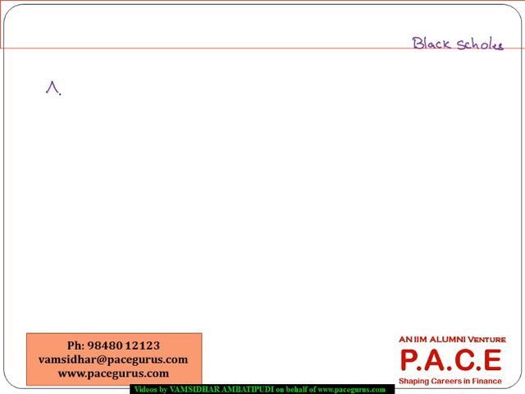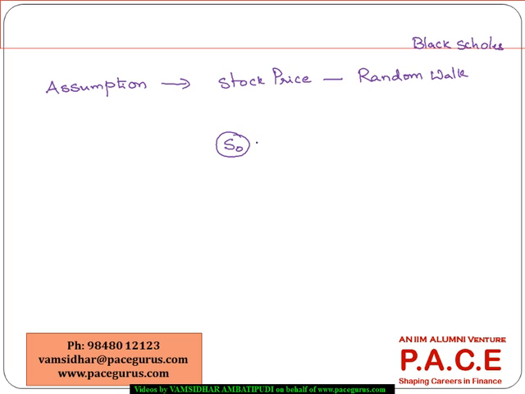The prime assumption this model goes with is that the stock price, at any point in time, follows a random walk. So it can either go up or go down. Today if the stock price is S naught, after let's say 1 month, it can either go up to some SU or it can go down to SD.